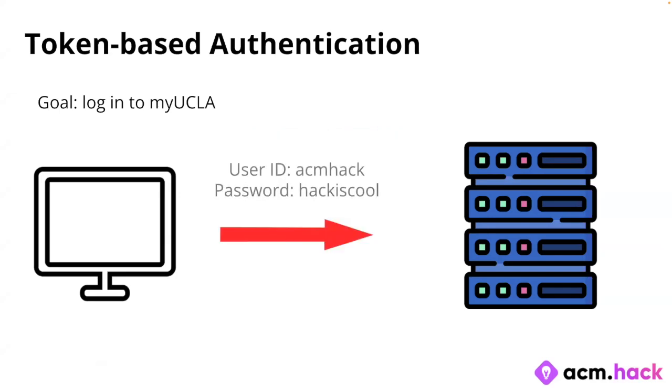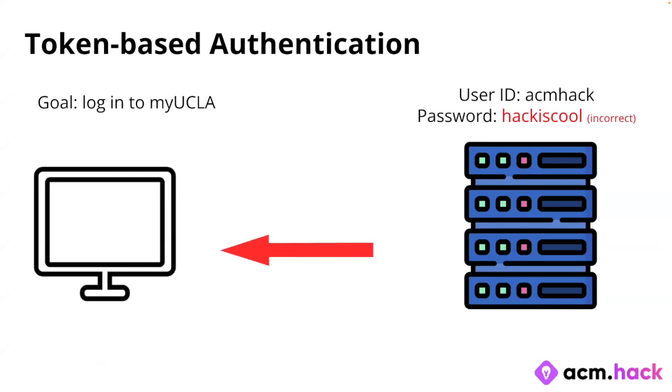That way, I'm sending my user ID and password to the server. Now, with this data, the server will verify whether my user ID and password were indeed correct information. For example, if my user ID matches a user in the server, and my password actually corresponds with my user ID.